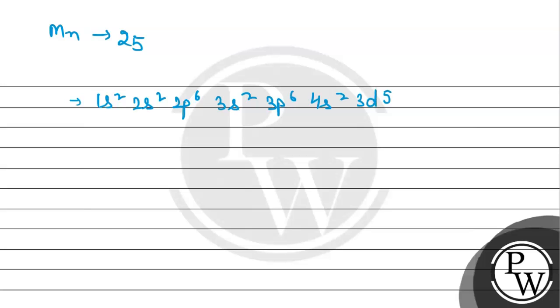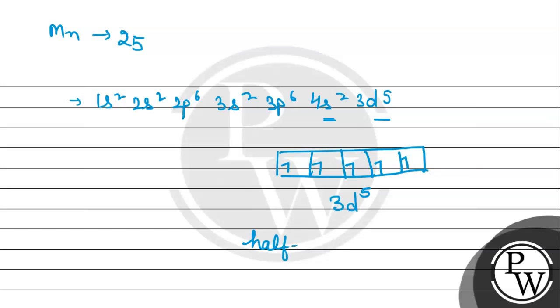Here we can see the s orbital is also fully filled and the d orbital is half filled. The 3d orbital has 5 electrons which are unpaired, and this is the half filled. Due to this it is in its stable configuration, the most stable configuration for it.